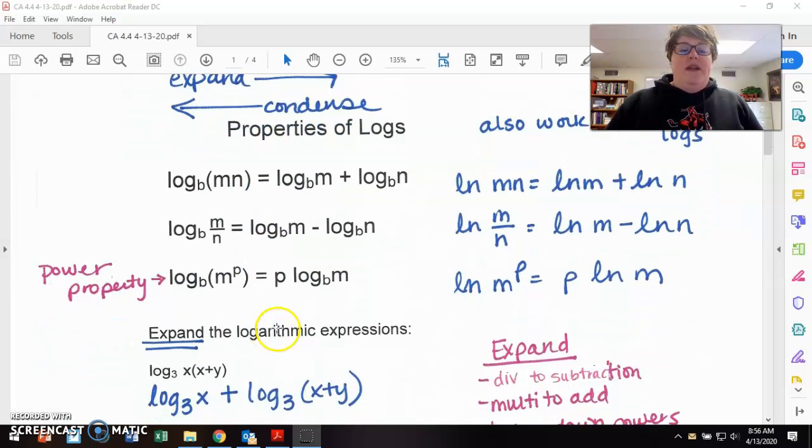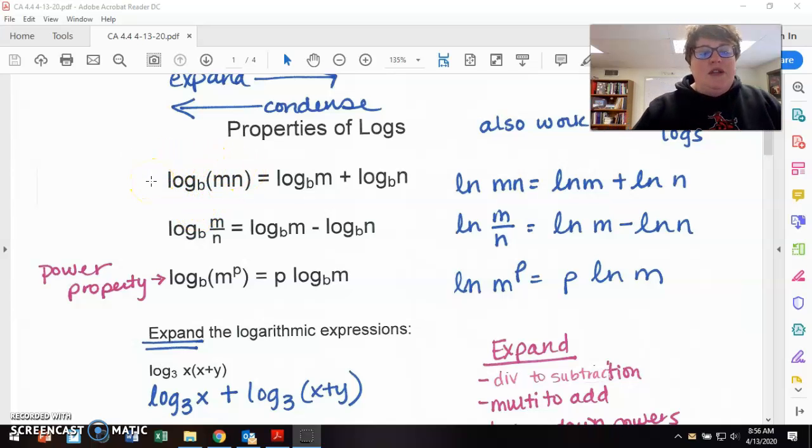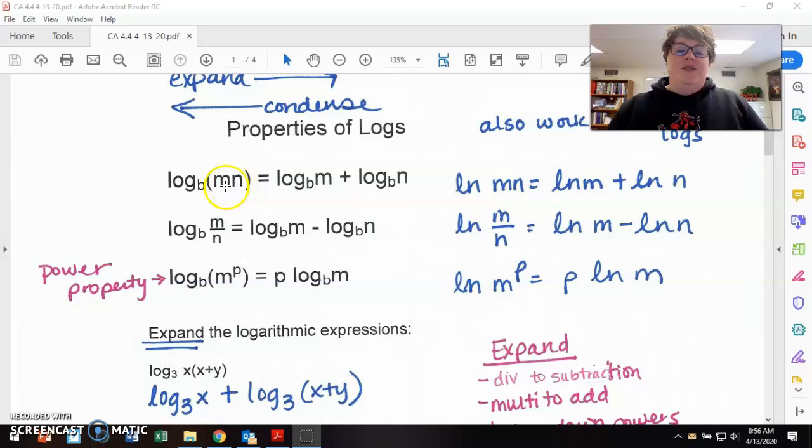So with the power property, or let me go back. This is our multiplication property. Our multiplication property says that if I have two things being multiplied within a log, I can expand this to take the log of m plus the log of n. So multiplication expands with addition. Addition condenses with multiplication. This is our division property. So if I have the log of a division, division expands with subtraction.